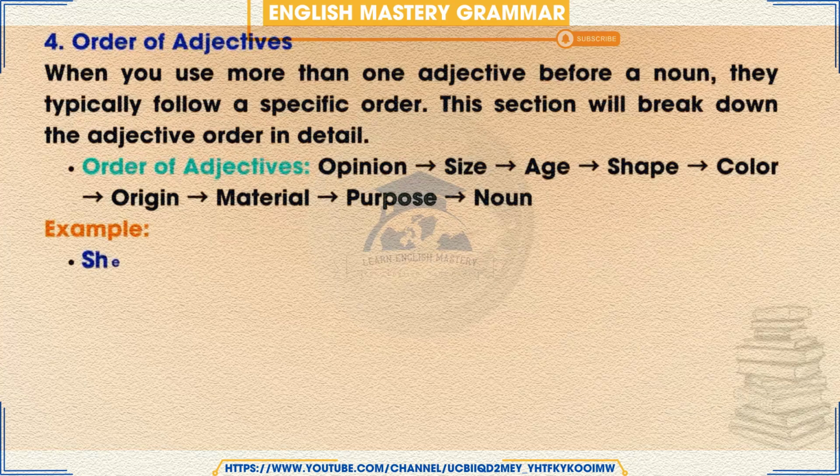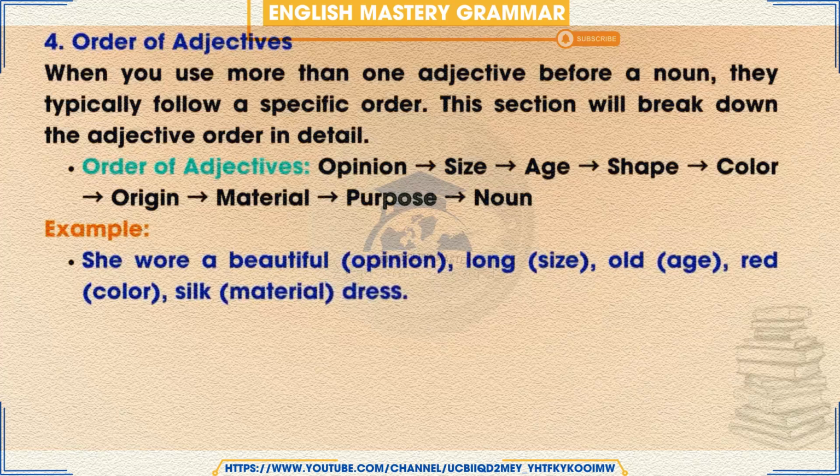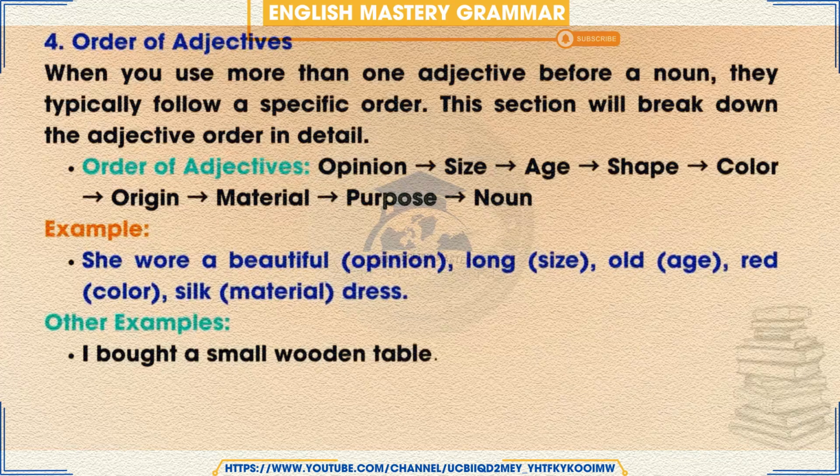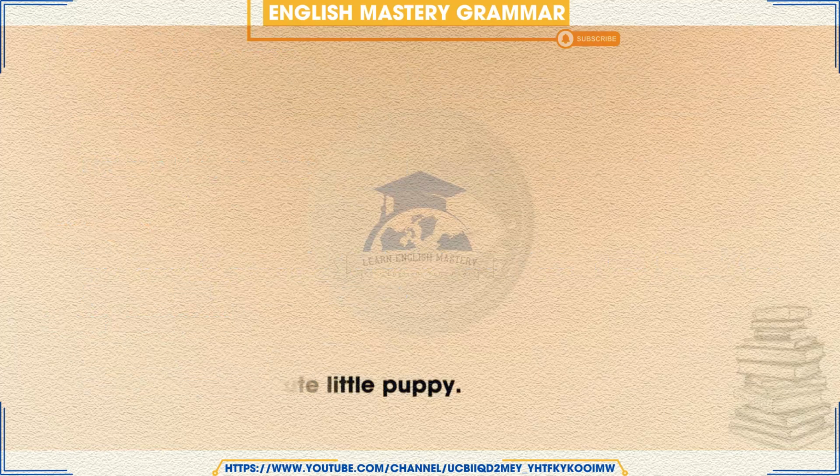Example: She wore a beautiful (opinion), long (size), old (age), red (color), silk (material) dress. Other examples: I bought a small wooden table. They adopted a cute little puppy.